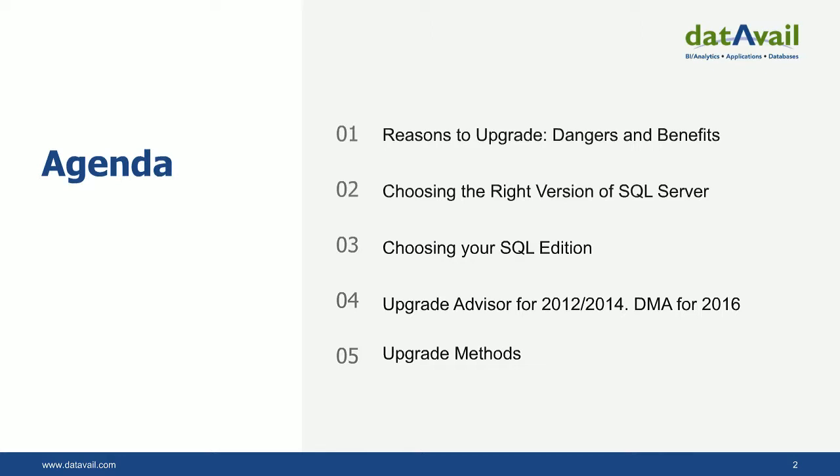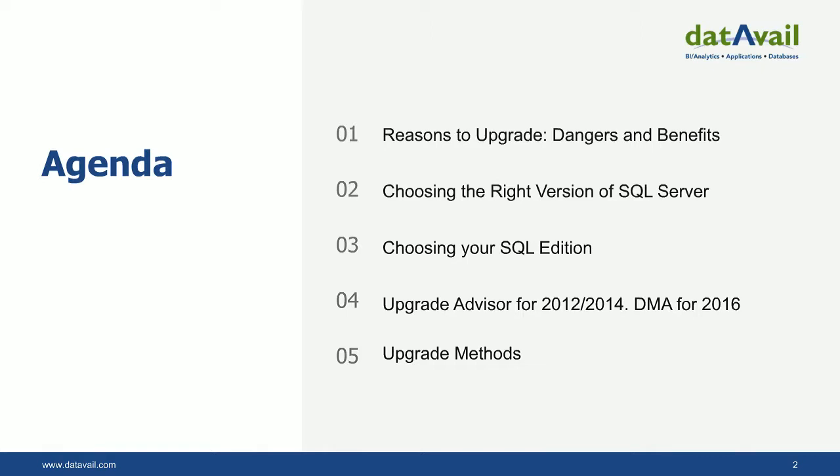We're going to try to help you choose the right version of SQL Server. And also, you need to choose which edition of SQL Server you need to go to. We're going to talk about the Upgrade Advisor that's built into SQL 2012 and 2014, and then the newer Data Migration Assistant that's available in SQL 2016.